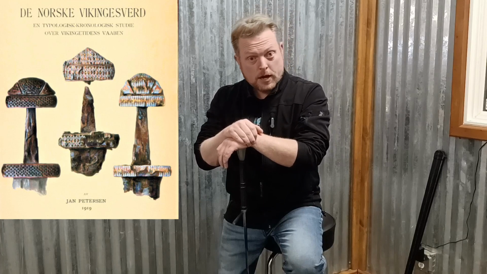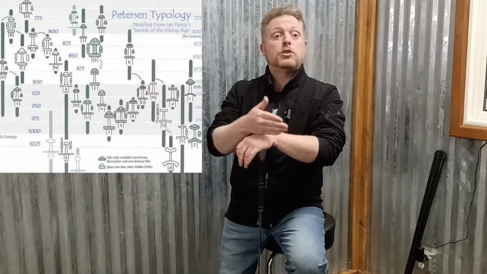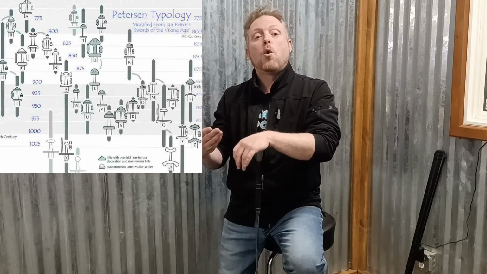Now, it wasn't until 1919 when Dr. Jan Petersen published The Norwegian Viking Sword, which classified the various hilts of swords used in the Viking or Carolingian era of Europe.